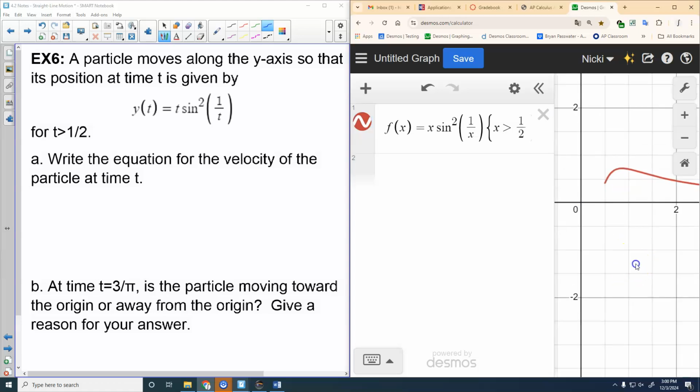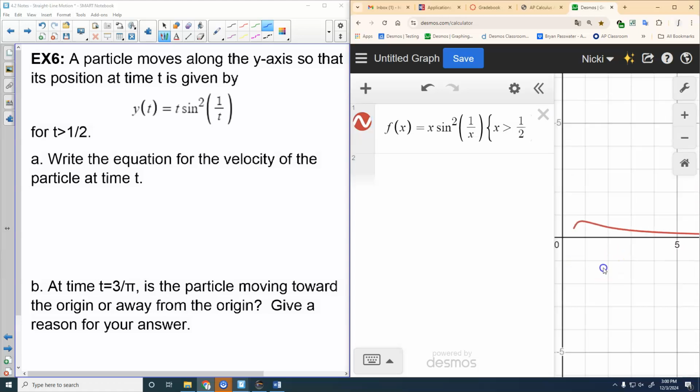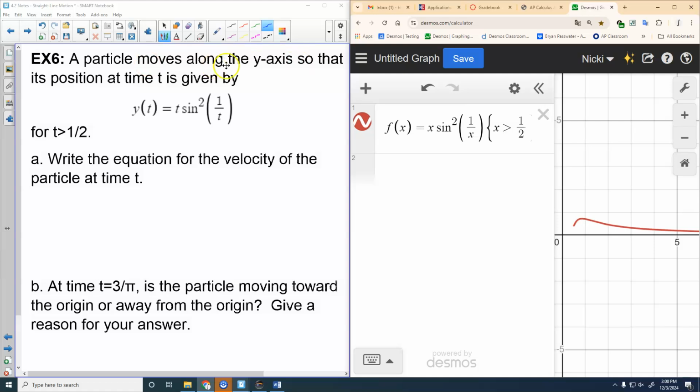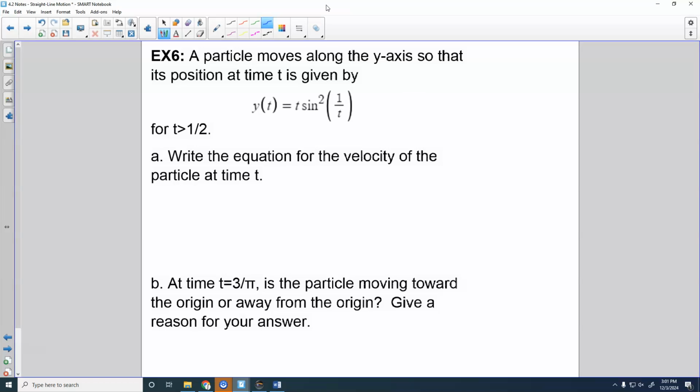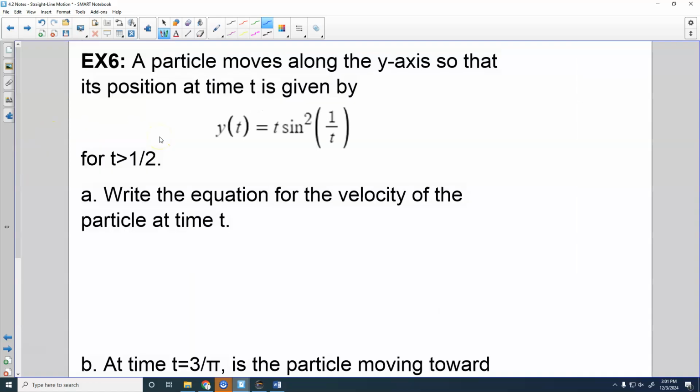Okay, so we're looking at this graph here. A particle moves along the y-axis so that its position at time t is given by this. Maybe this was calculator inactive. I guess it is, isn't it? I think it is. Okay, we can do it. All right, this one's calculator inactive.